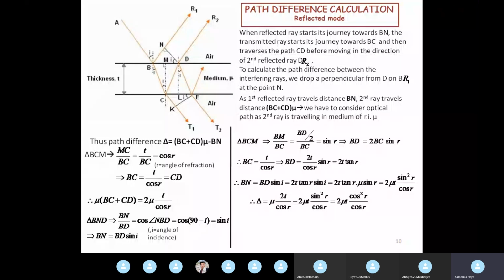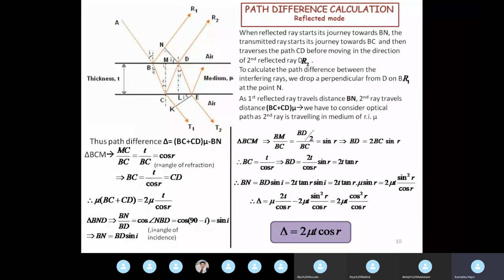So now we can finally put these values in terms of mu, T and R in the expression of delta, and we get it to be mu 2T by cos R minus again mu 2T sin square R by cos R. So this is very simple, 2 mu T cos square R by cos R, because sin square R is 1 minus cos square R. And we now finally get the expression of the path difference as 2 mu T cos R.